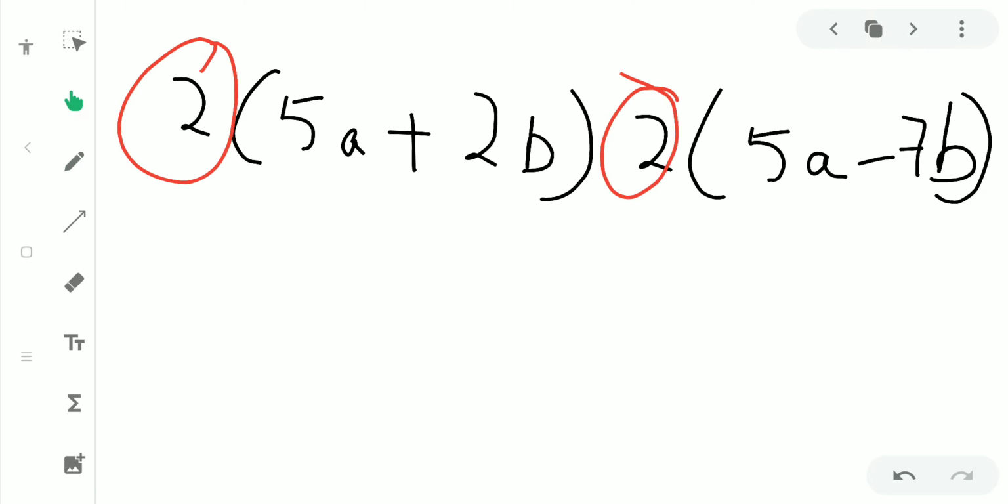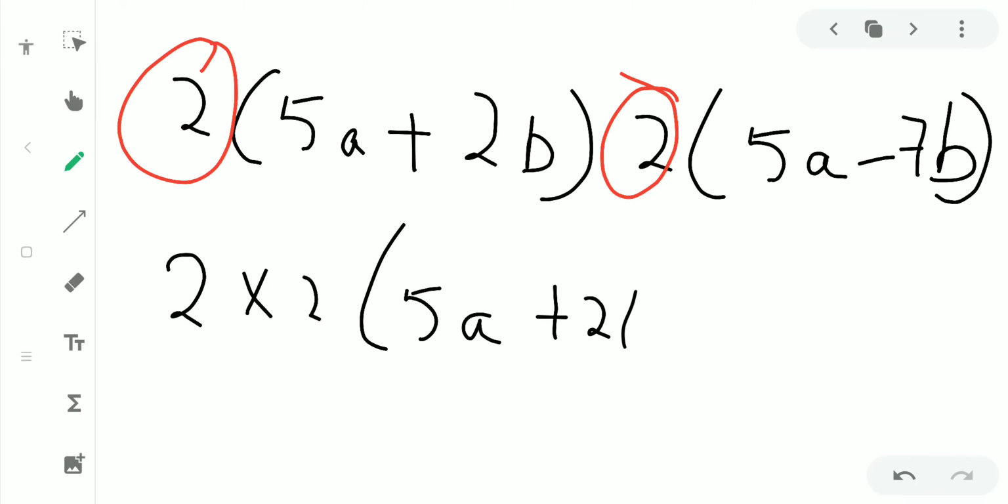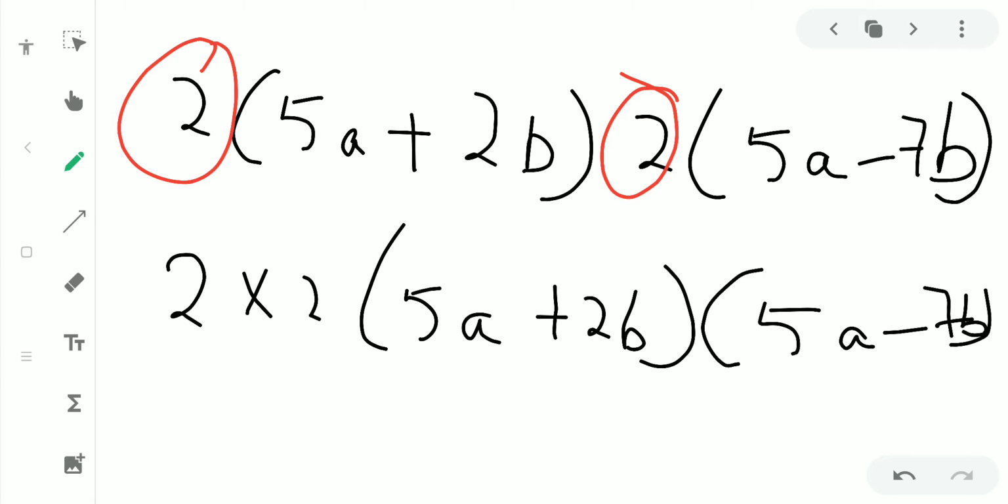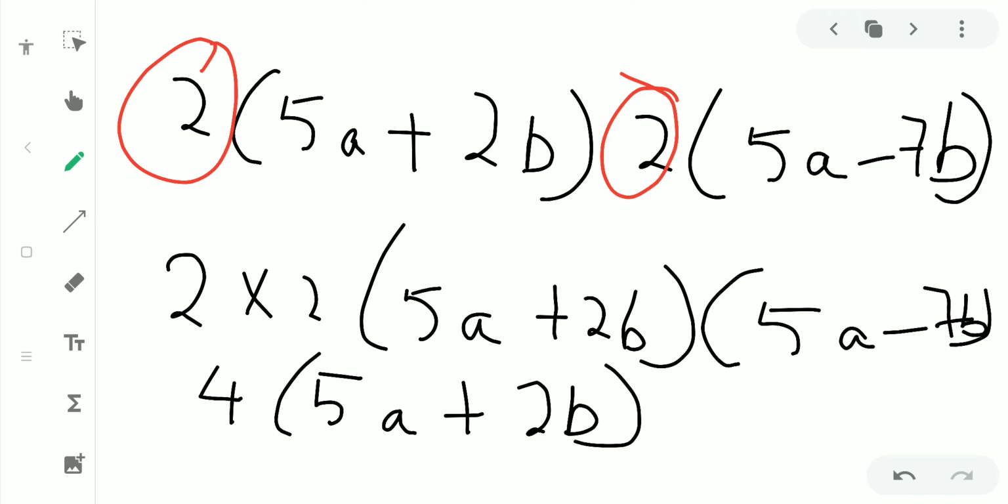As it is multiplication, we cannot take 2 common, but we can multiply 2 with 2 because it whole is multiplication. 2 multiplied with 2 times (5a plus 2b) times (5a minus 7b). So we will be getting 4 times (5a plus 2b) times (5a minus 7b).